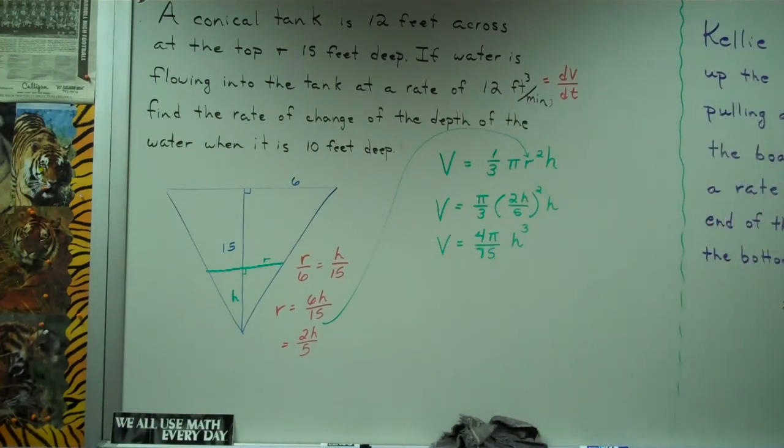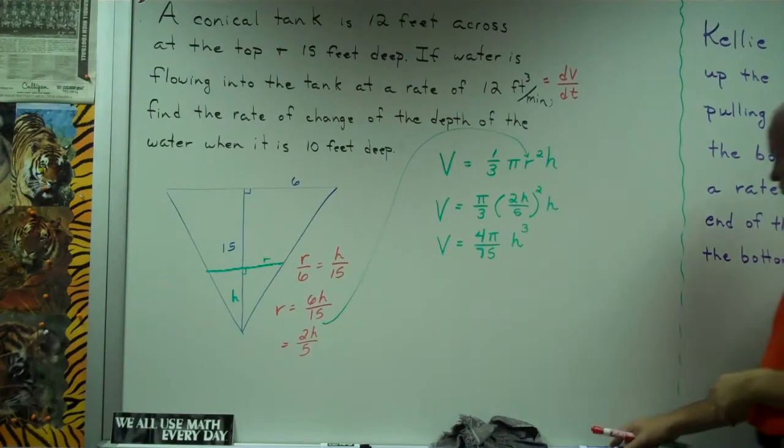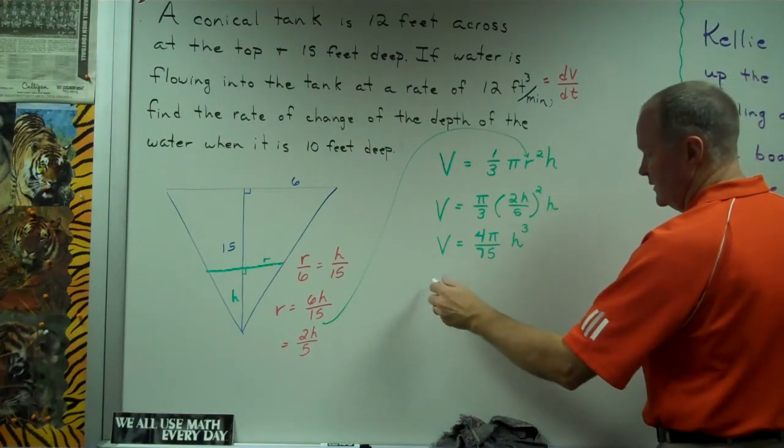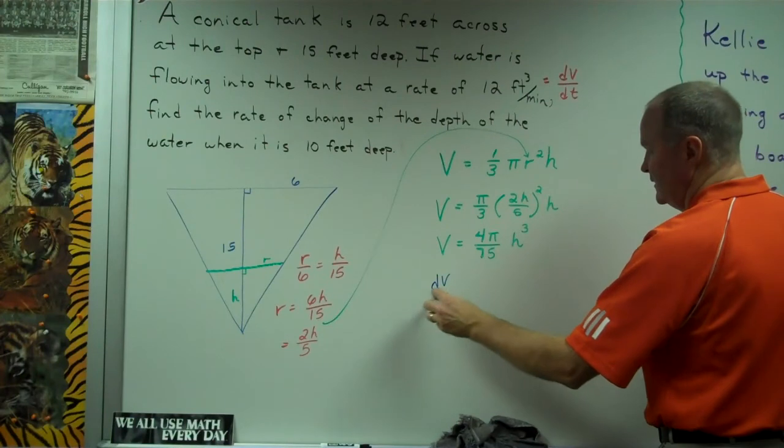Forgot to square the 5. That's 2 letters. h and V is what we want rate-wise. Let's do some calculus. dV/dt.